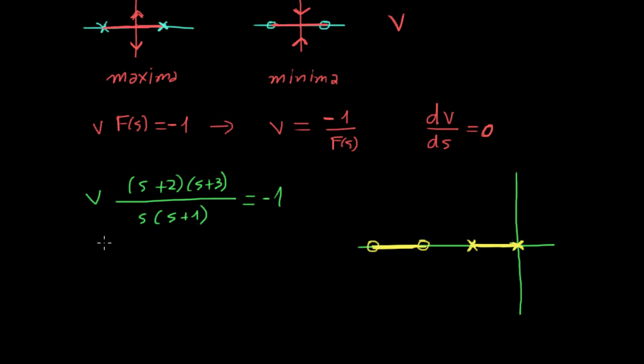And we can find them by rearranging this as v equal to minus s squared minus s over s squared plus 5s plus 6.